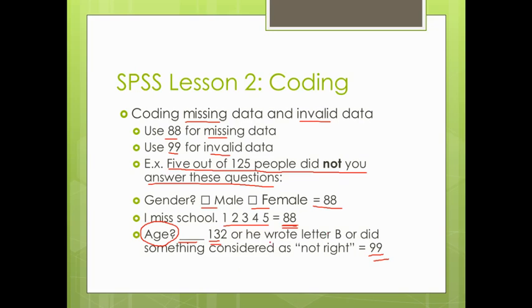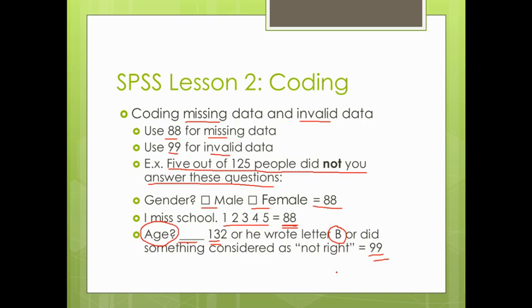Or, ladies and gentlemen, somebody did not write down a number. What is your age? He was supposed to enter the actual age, but he wrote a letter B. So you conceptualize this as invalid data.